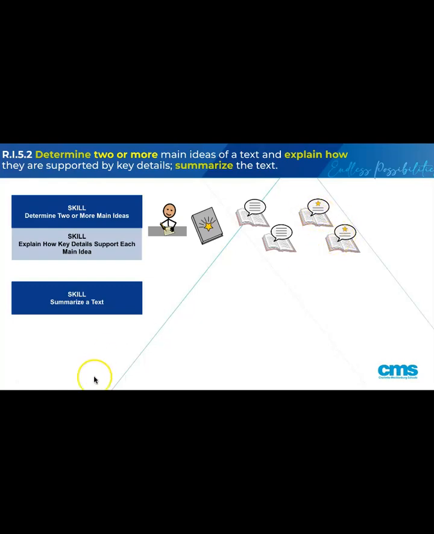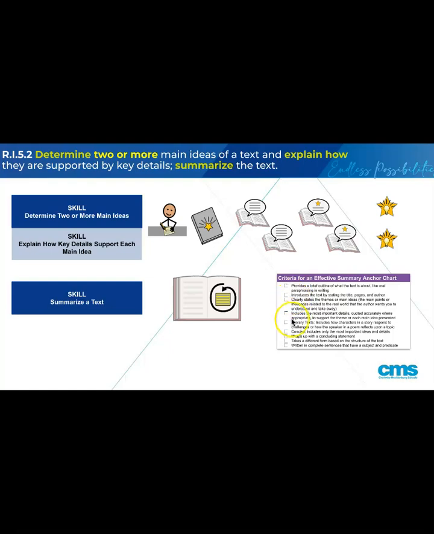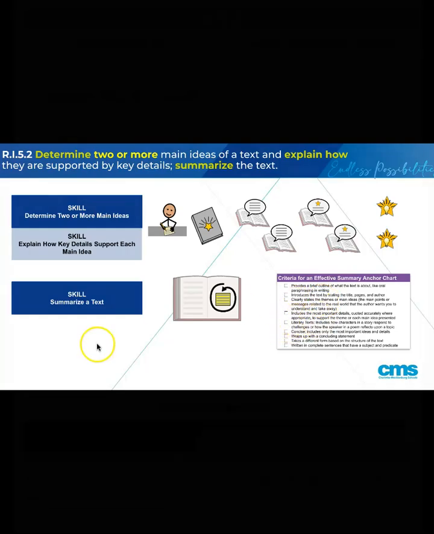These key details formulate main ideas. Now in 5th grade, we're going to have 2 or more. Using these main ideas and key details to summarize a text, this work builds on skills 1 and 2 because it includes main ideas and how the details support them. You'll notice this work in the criteria for effective summary anchor chart that we'll be using in Module 2.